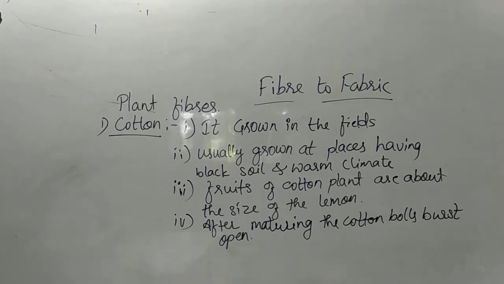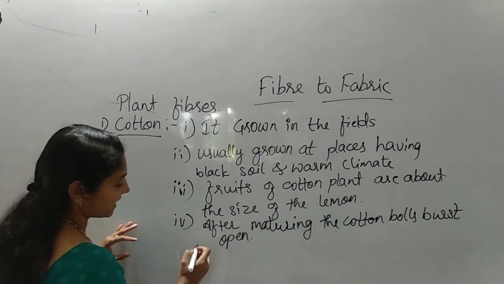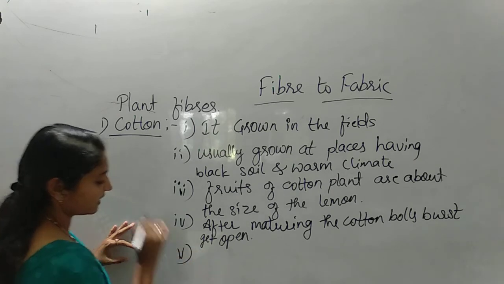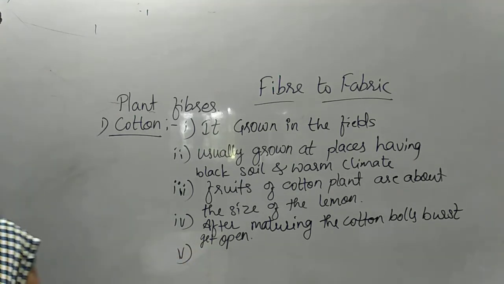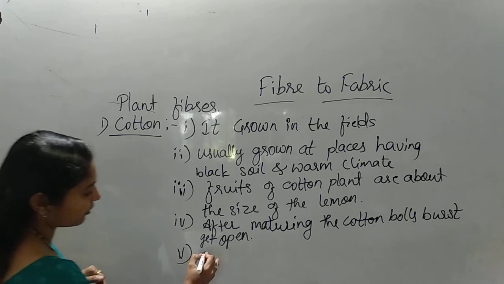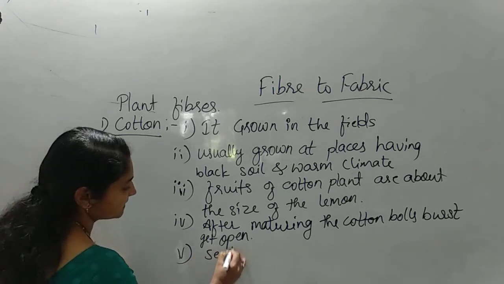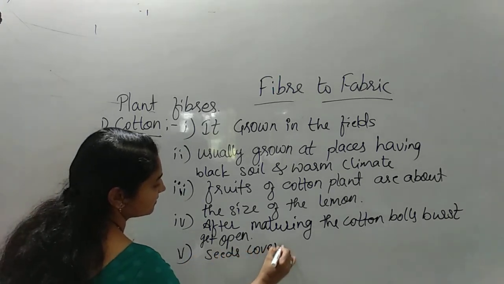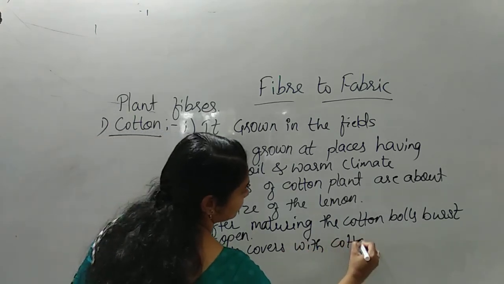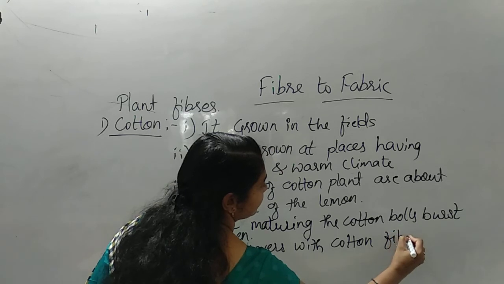Then seeds are covered with cotton fibers when the fruit bursts and opens. So what we are going to observe is that the seed is covered with the cotton fiber.